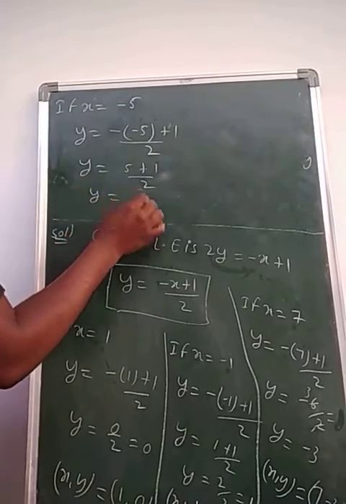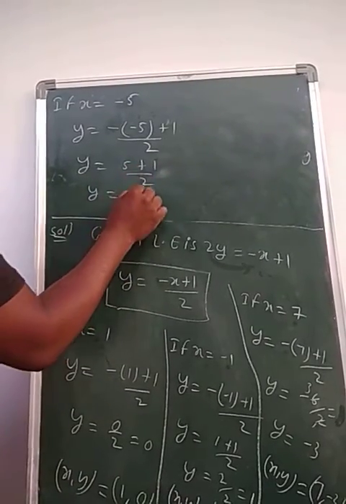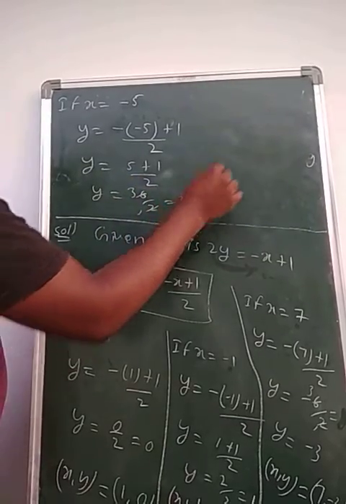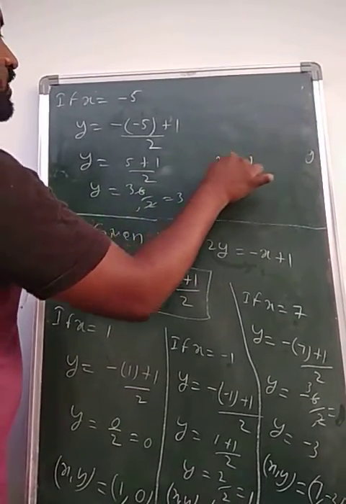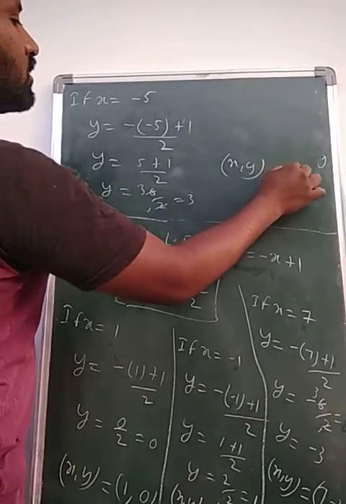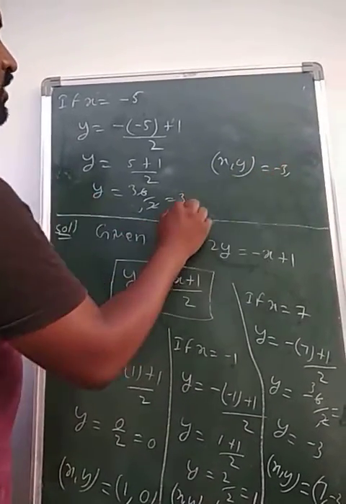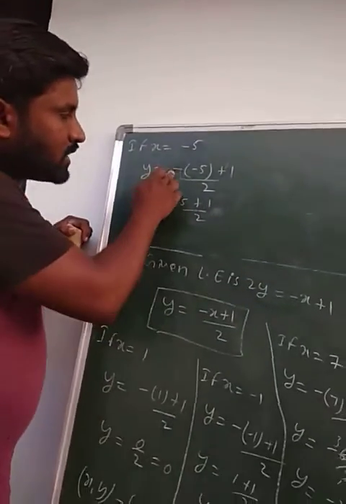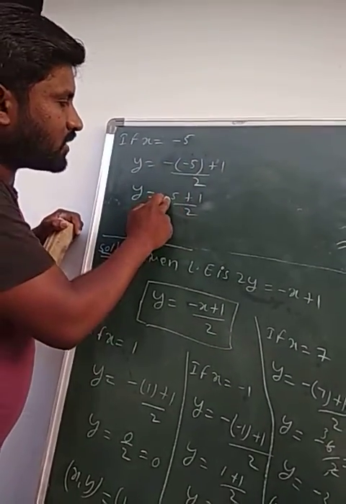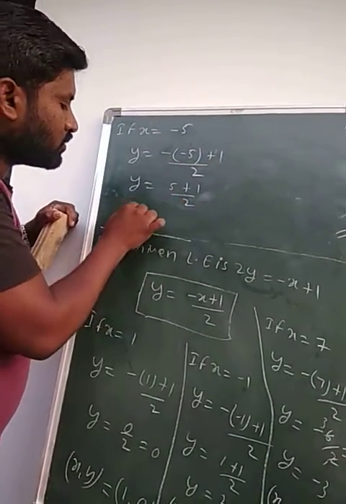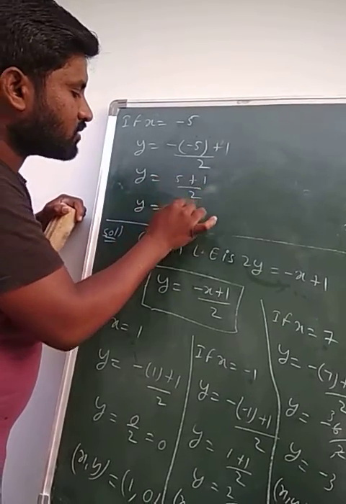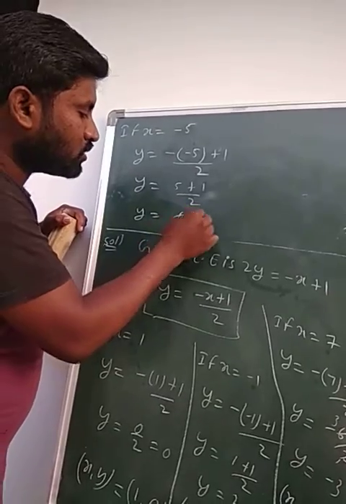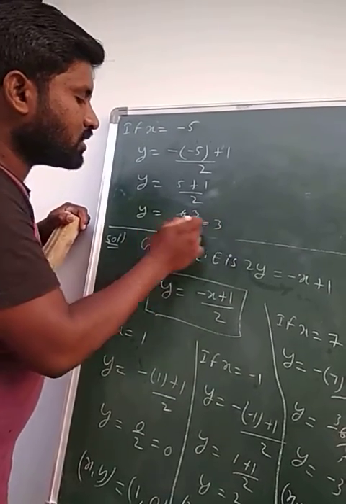So y = (5 + 1)/2, that is 6/2, 2 threes are 6. So we get 3. What is the solution we get? x = -5 means y = 3. Okay, y = (5 + 1)/2 = 6/2, and we get the y value as 3.